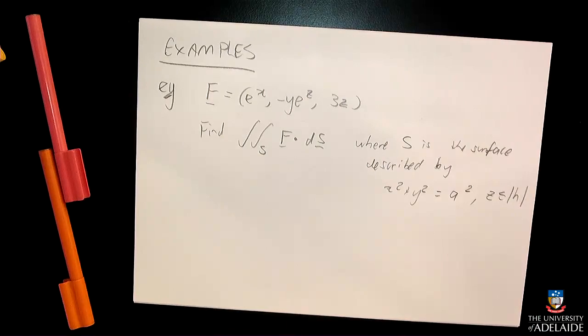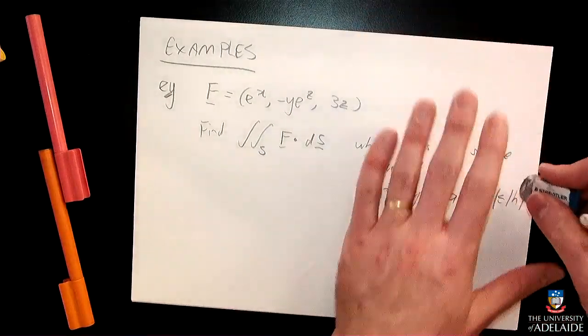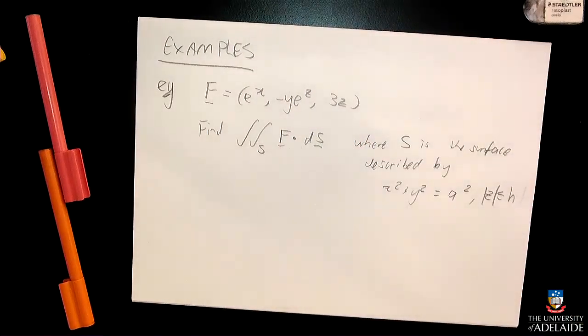Well, sorry, other way around, I put it in the wrong spot. The absolute value of z is less than or equal to h. Okay?